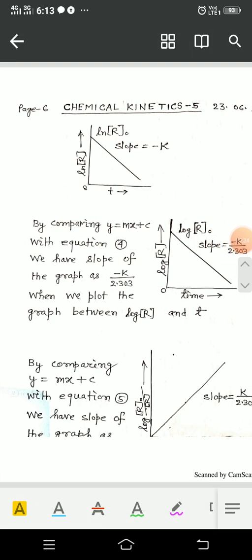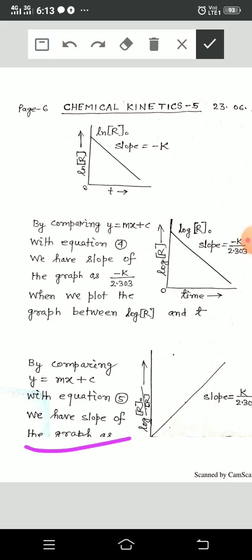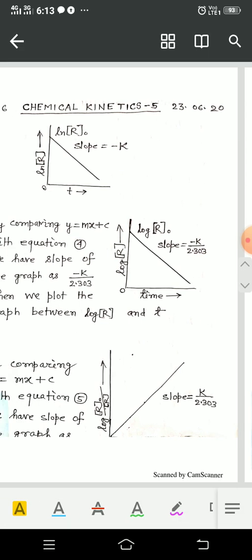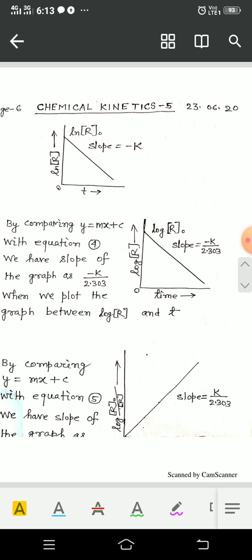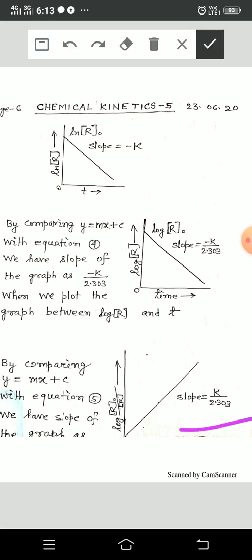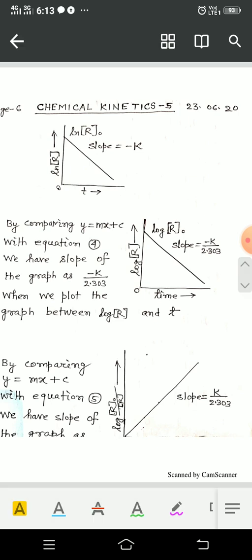This is about equation 4 and this is about equation 5. This is the graph of equation 5, and in this case you will get the slope k by 2.303. So see here, where is equation 5?